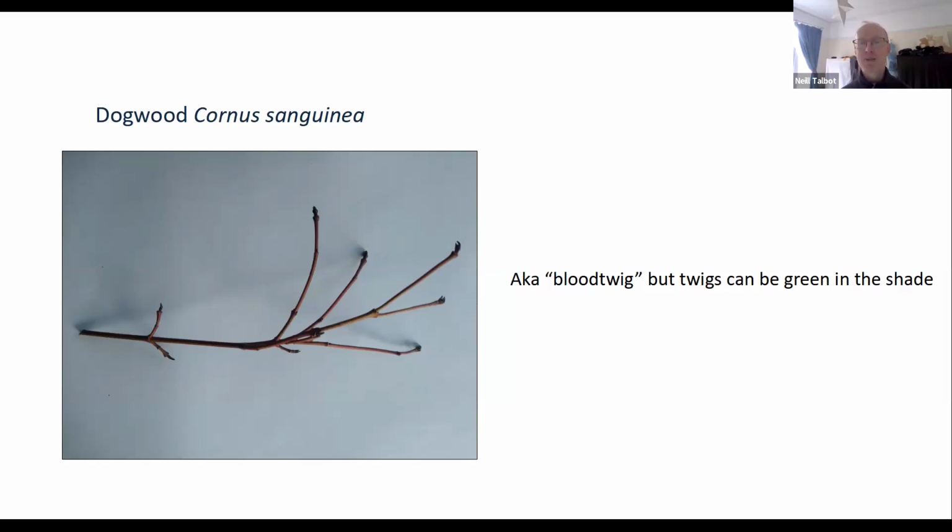Most will have these very red twigs, but they can be green in the shade. So if you see something that looks like a dogwood but it's not red, it probably is a dogwood, but you just need to check the buds and the twigs. It's quite often found more in calcareous soils.